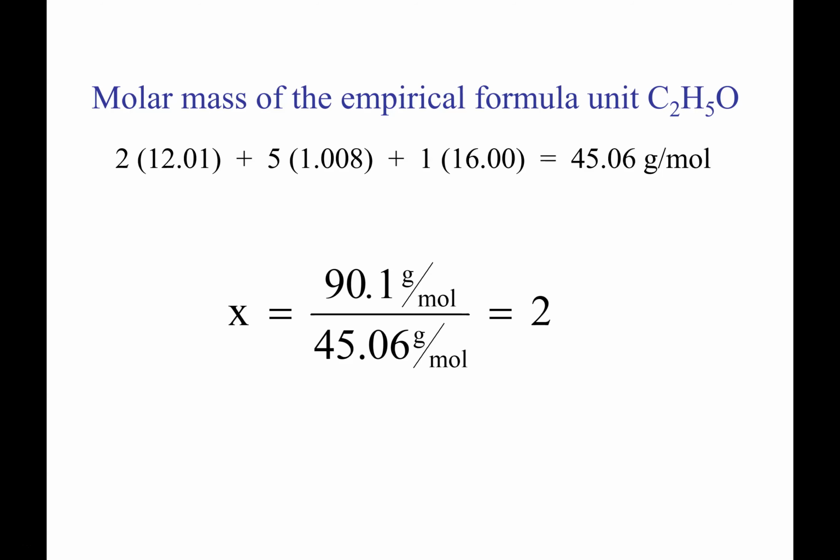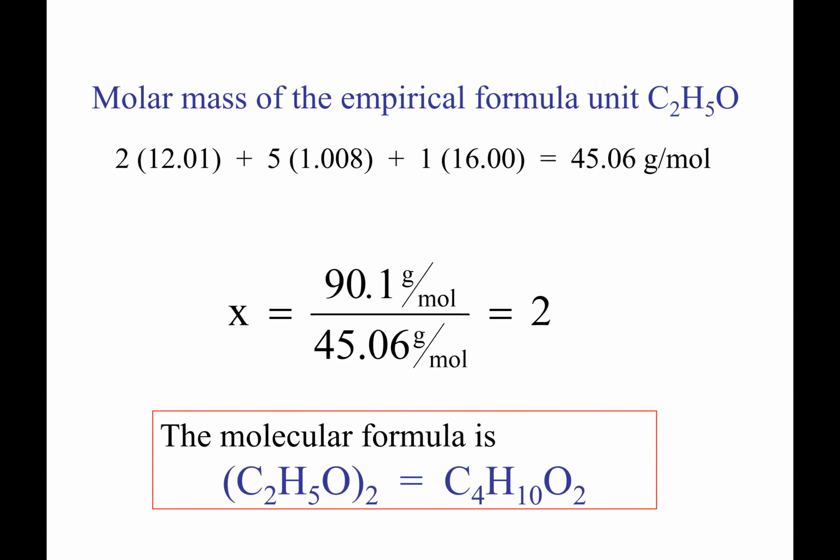So we need to scale the C2H5O up. So we're talking about 2 molecules? I've got 2 of these repeating units to make 1 molecule. So based upon that, I could say scale it up and know that the real molecular formula must be C4H10O2. So that's how you do that sort of thing.